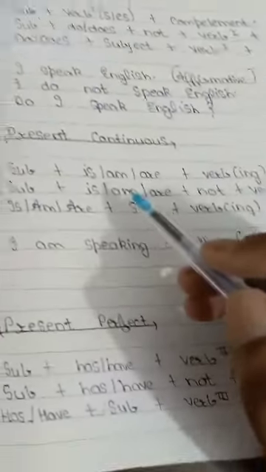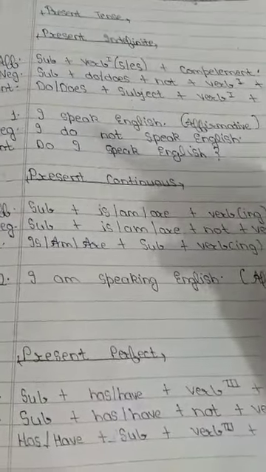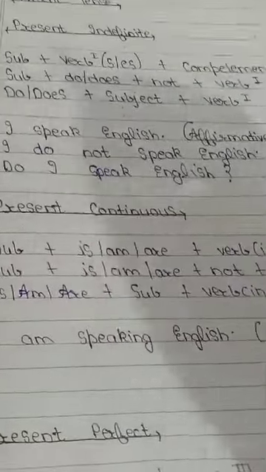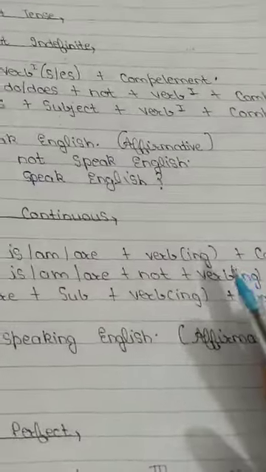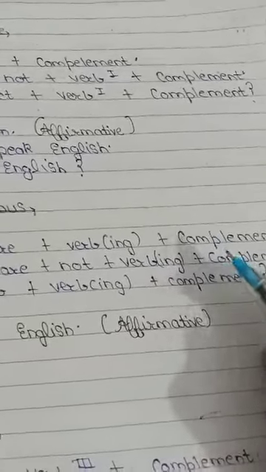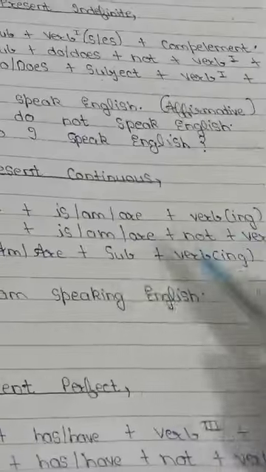Is is used with he, she, it in third person, am is used in first person, are is used in second person, plus verb first form with ing plus complement.